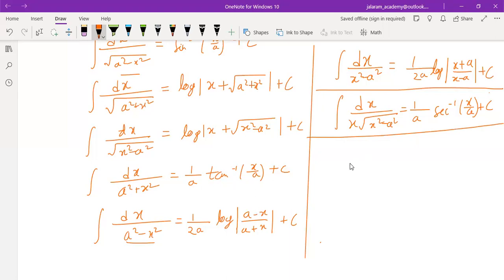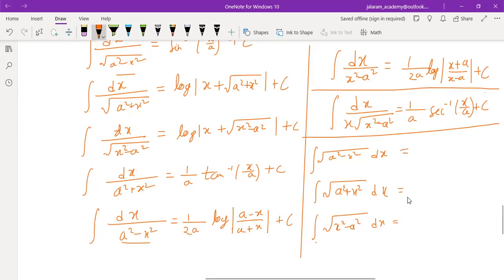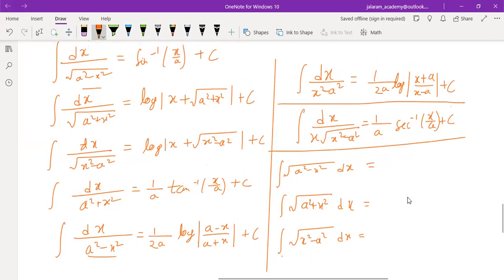Now there are three formulas. Integration of root a square minus x square dx, integration of root a square plus x square dx, integration of root x square minus a square dx. So can you tell them? Have you learned this formula or not?